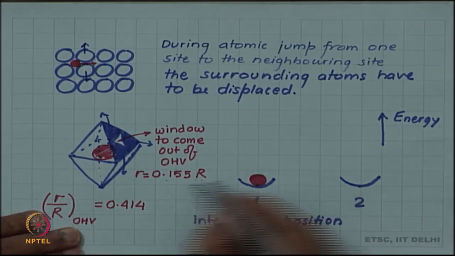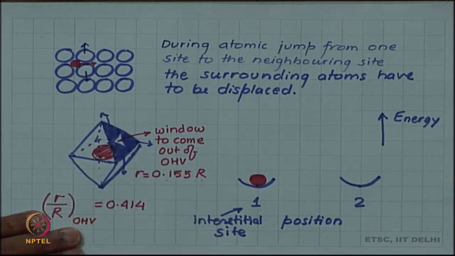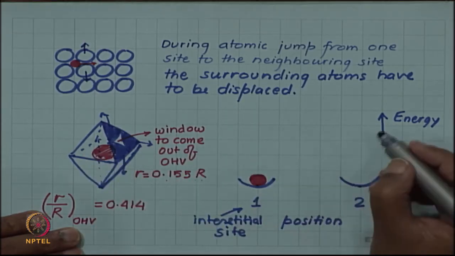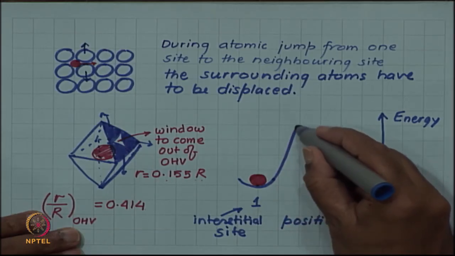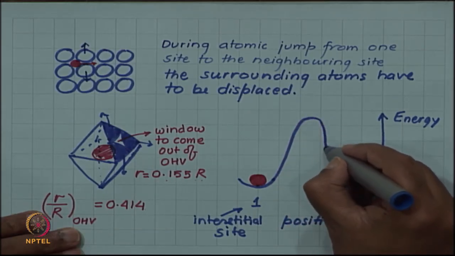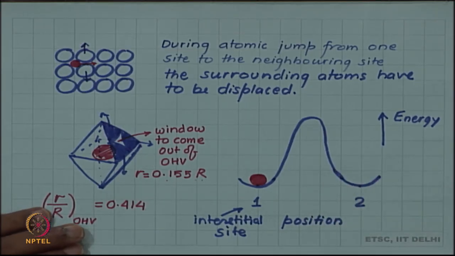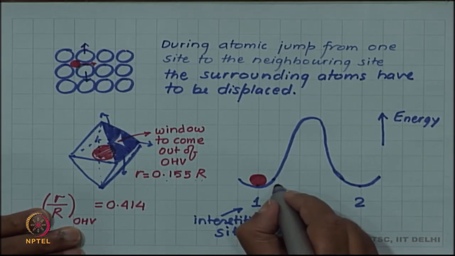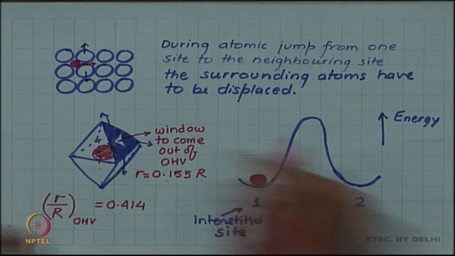But to jump from site 1 to site 2, either in this 2-dimensional diagram or in this 3-dimensional picture, you can see that it has to displace the neighboring atoms, and that will increase the energy of the system. So, that increase in the energy we show by this energy hill. So, an energy barrier exists in movement from site 1 to site 2.